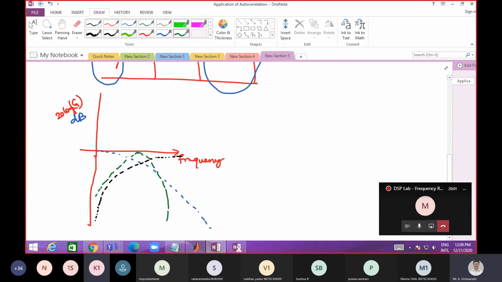Whatever, all these shapes depend on the design. You would have designed a system, in your case it might have been amplifiers or filters or anything like that.